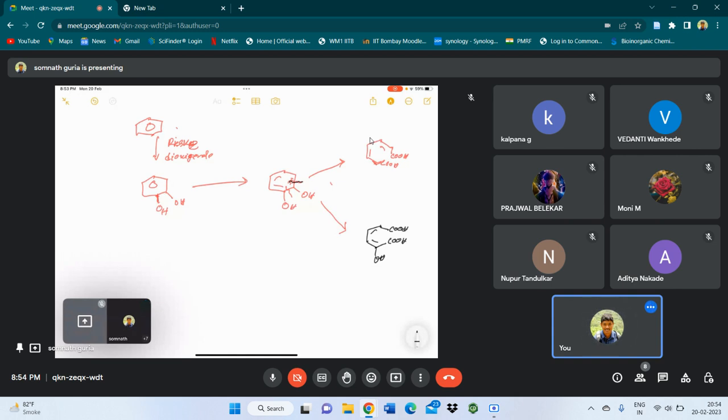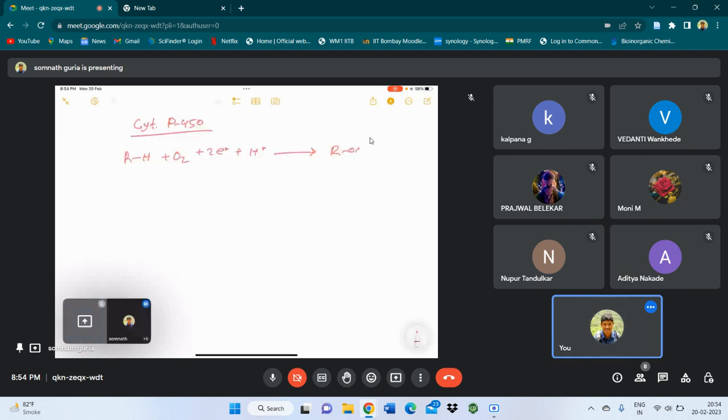So it can transform RH in the presence of oxygen plus 2 electrons plus H plus to ROH. Camphor gives 5-exo-hydroxycamphor, as we discussed in the previous class.